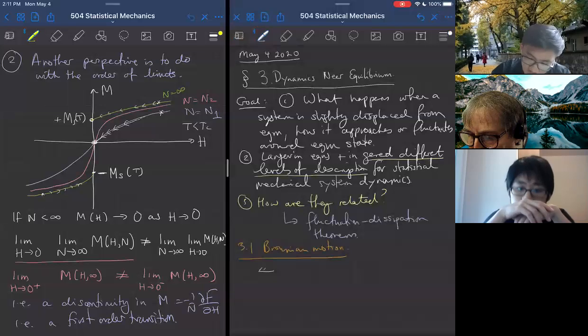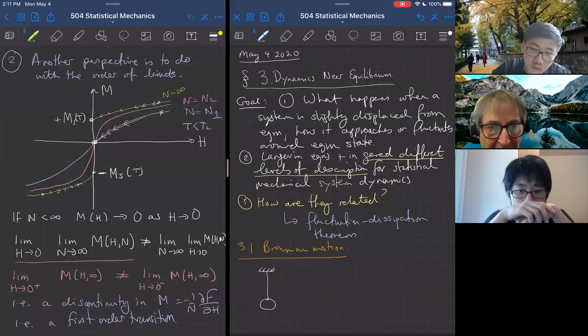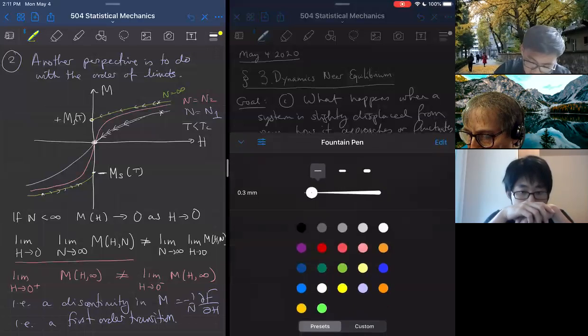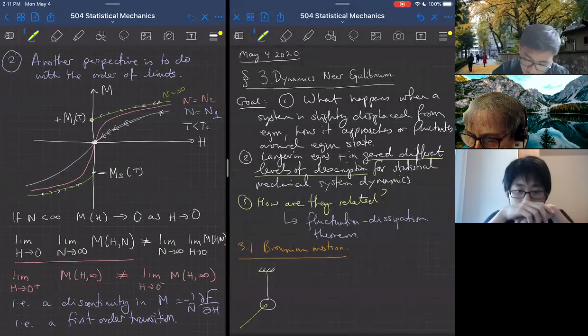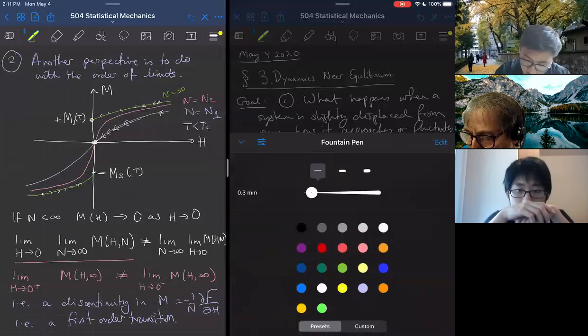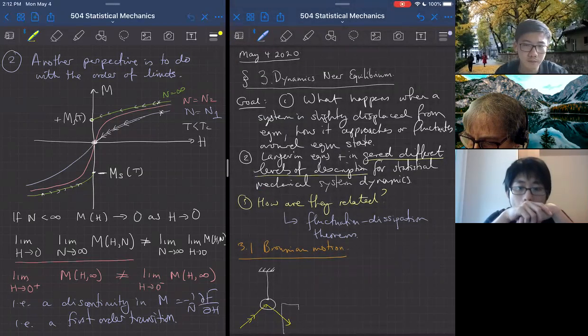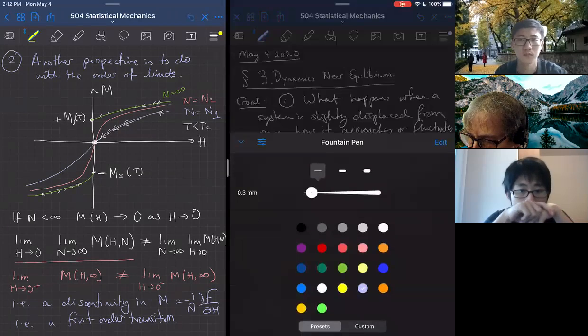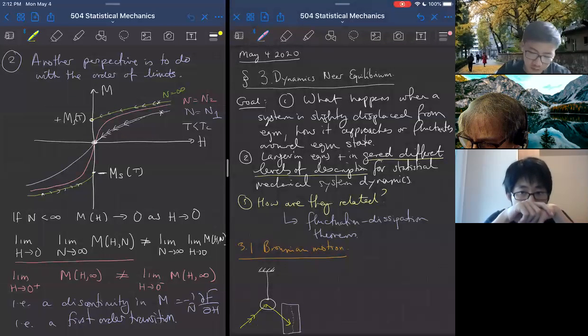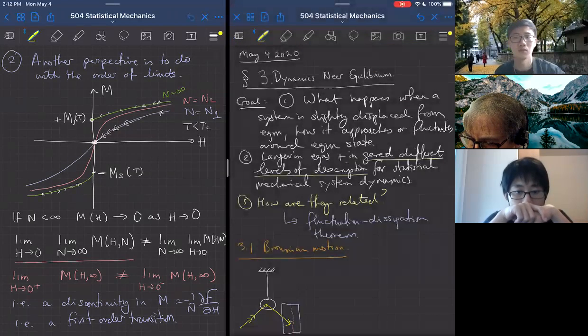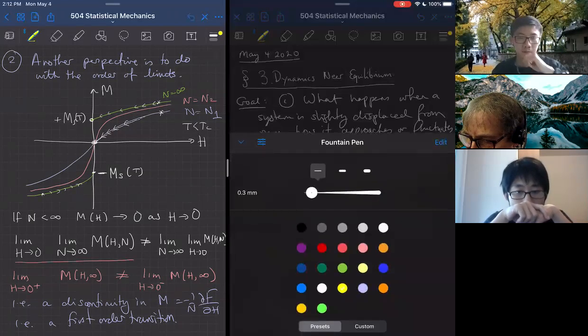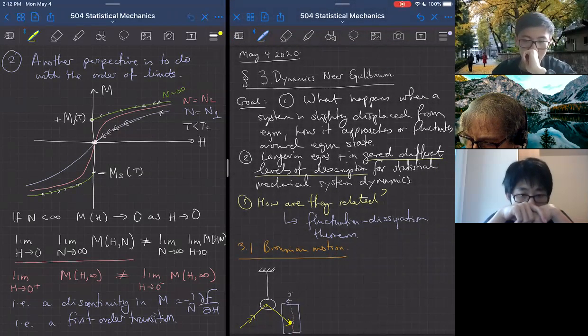Let's suppose that I have a mirror that is suspended on a thread like so, and then I fire in a laser beam of light, and the laser beam gets scattered like so, and then I look at where the laser beam is on a screen, and I plot the position of the spot of the laser beam as a function of this distance, say from the center line, x.